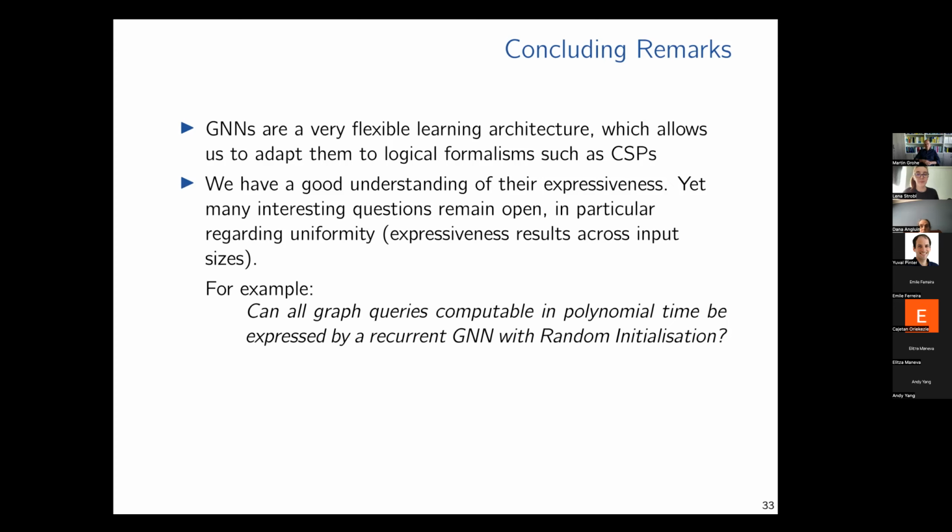Can we express all graph queries, or all Boolean functions on graphs that are computable in polynomial time, by a recurrent GNN with random initialization? Okay, that might be true. I mean, the TC0 result indicates this. I'm not sure. I really don't know.